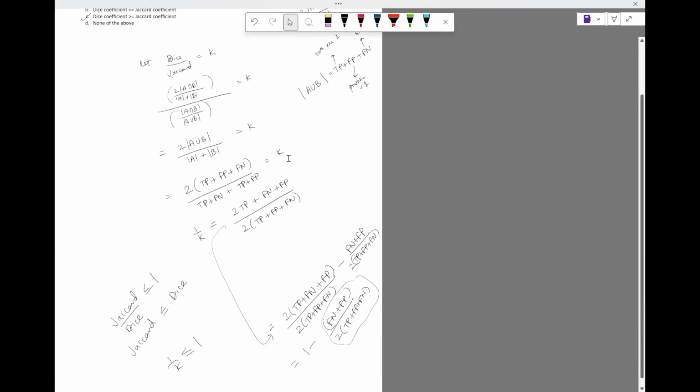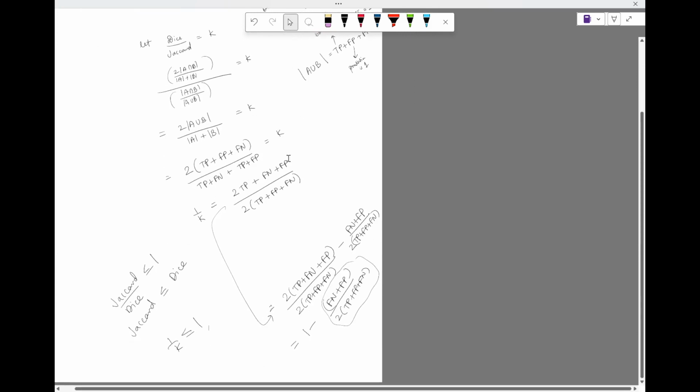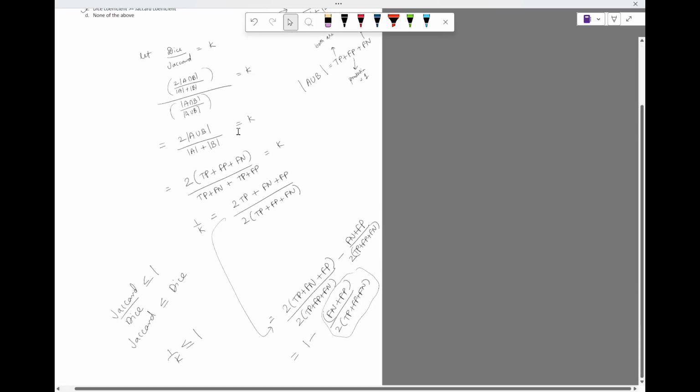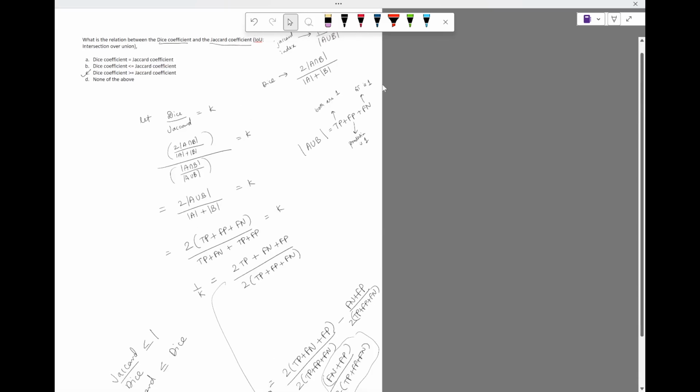Was it clear? Okay, so both of these can in some way be used for evaluating segmentation.